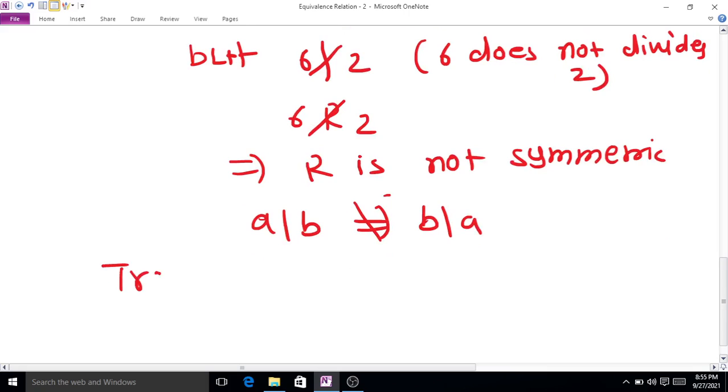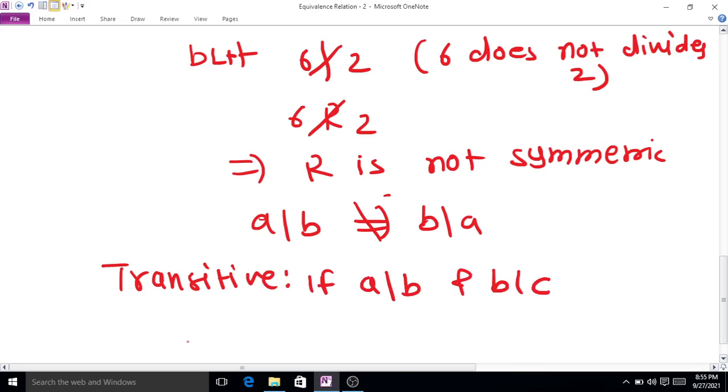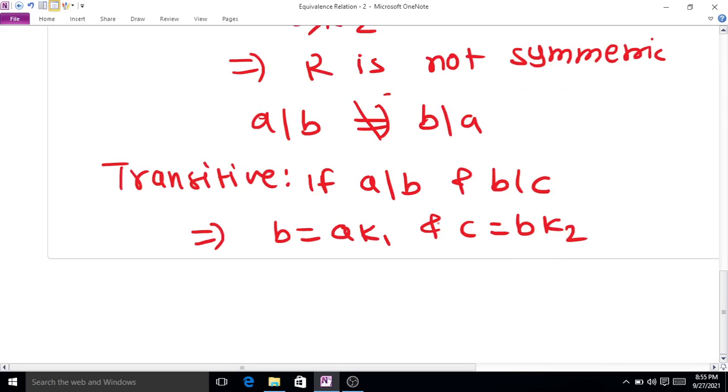Now for transitive. If a divides b and b divides c, then b is a multiple of a, that is b is equal to a times k1, and c is equal to b times k2 for some k1, k2 belonging to integers.